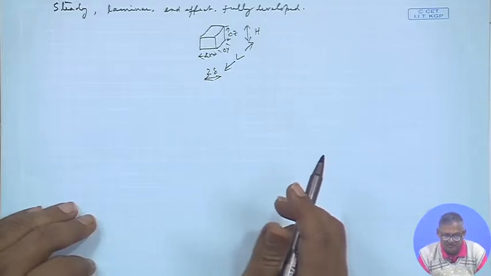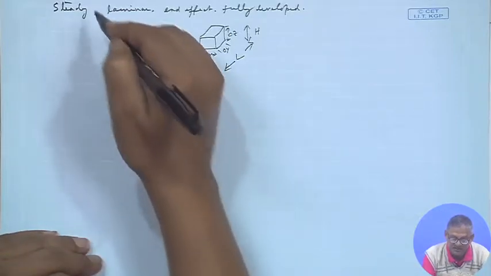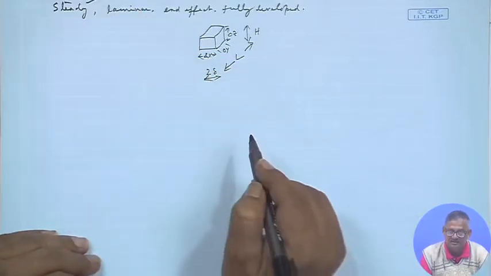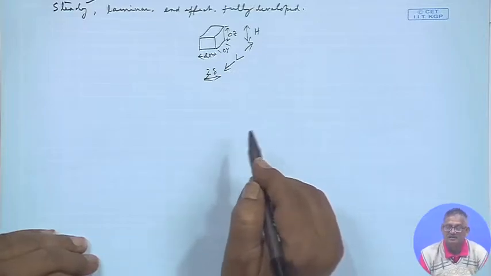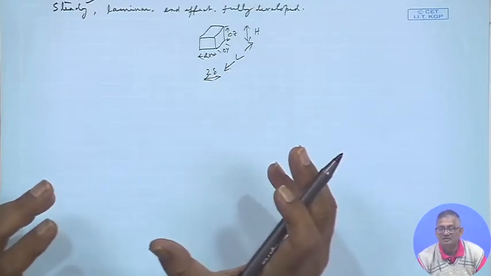Now, since we are saying that it is steady state, from the general governing equation we start with, the sum of the forces acting on it is equal to 0, and that we will do here.